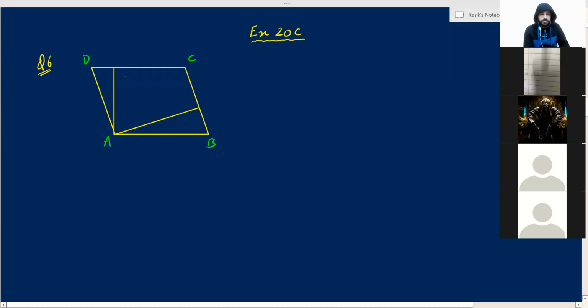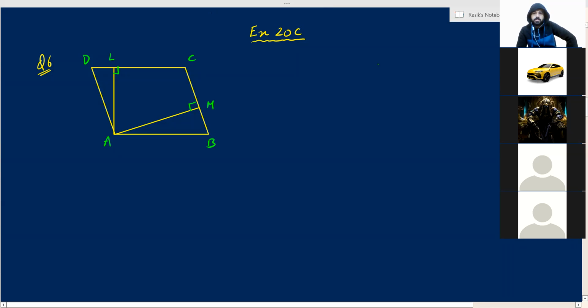ABCD is a parallelogram. AM is perpendicular to BC. The figure is fine. AM is perpendicular to BC and AL is perpendicular to CD. Okay.